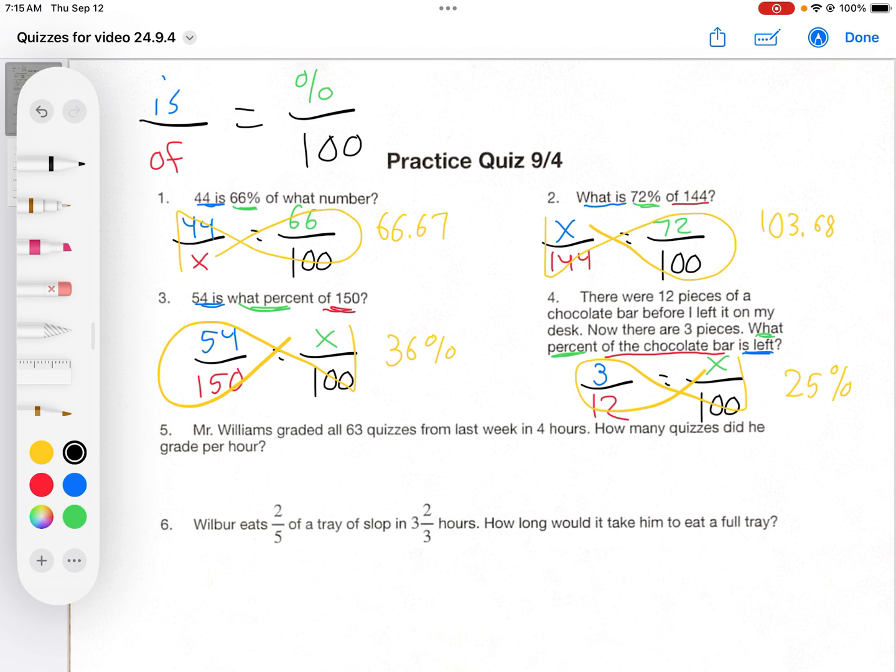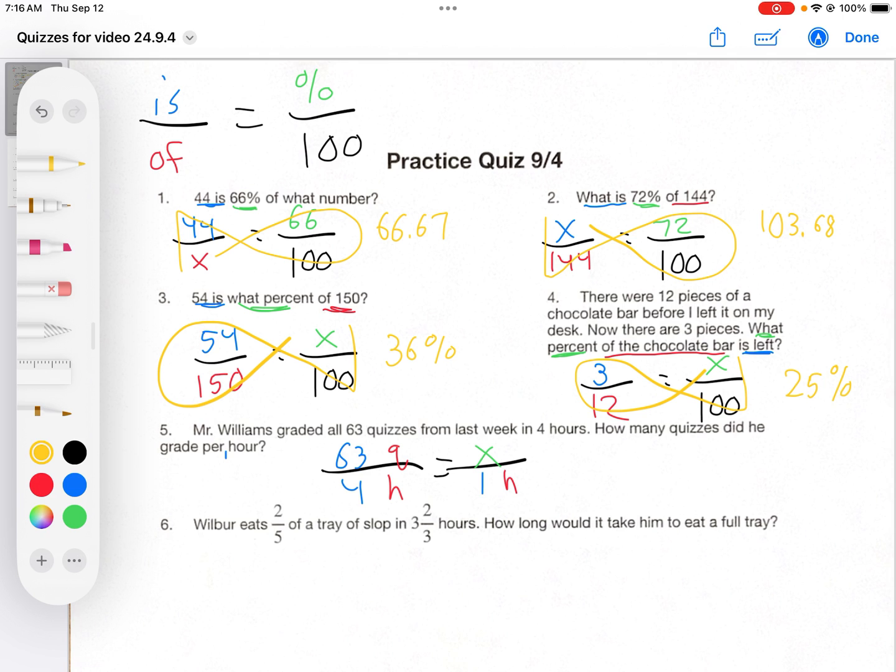Mr. Williams graded all 63 quizzes from last week in 4 hours. Let me use some color there. 63 quizzes in 4 hours. And now we are asking, how many quizzes did I grade per, and remember this is 1 hour.